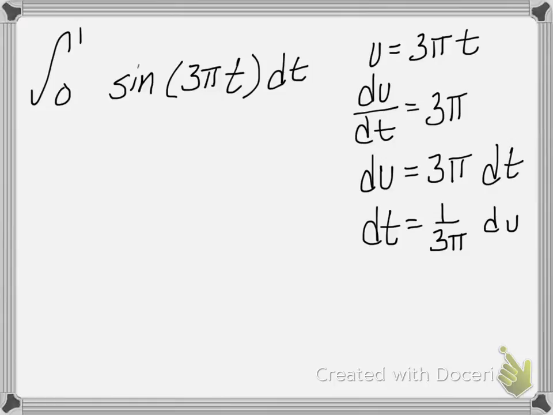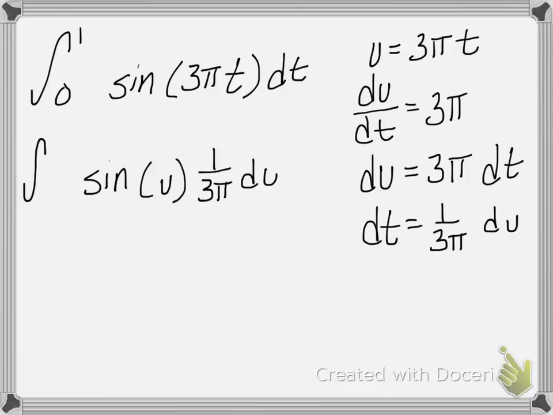Okay, so now, go through and substitute that in. So that's going to give us the sine of u, and then our dt is just 1 over 3 pi du.